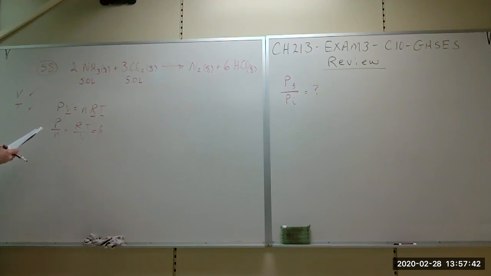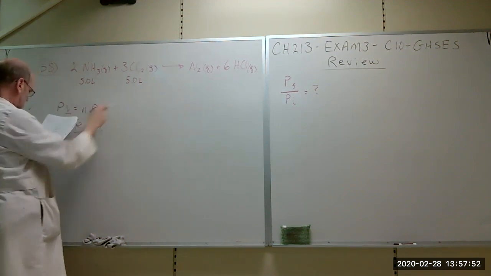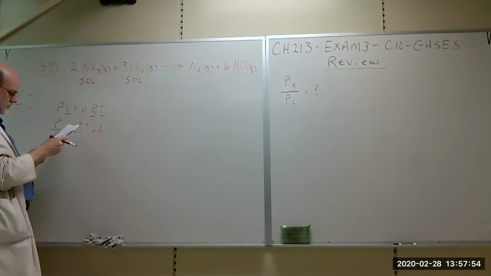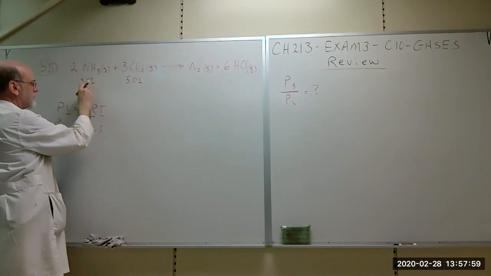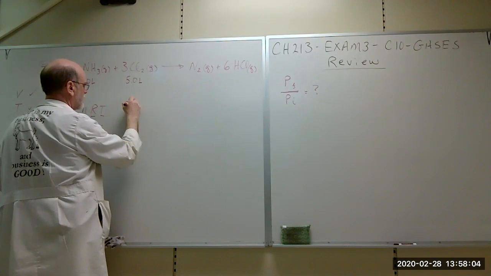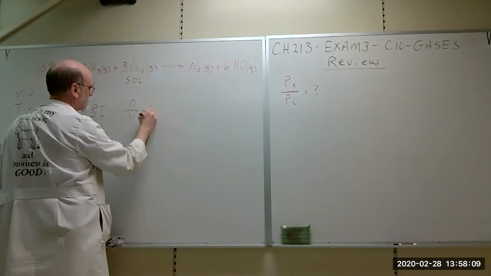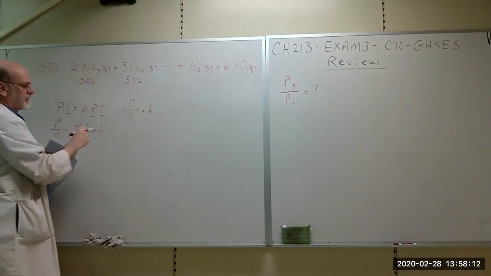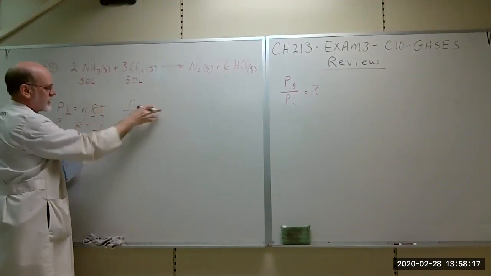So if we say, let's see. These two volumes are equal. And if the volumes are equal, Avogadro says number of moles varies with volume is a constant. So if the volume stays the same for this one, so do the number of moles.